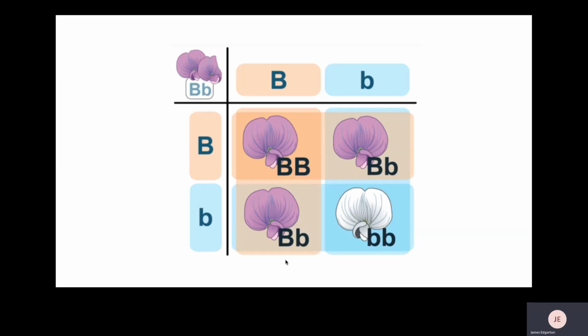This Punnett square shows you're going to have BB, 1 pure dominant flower, 2 heterozygous flowers, and 1 pure homozygous recessive flower in the second generation of the pea plant.